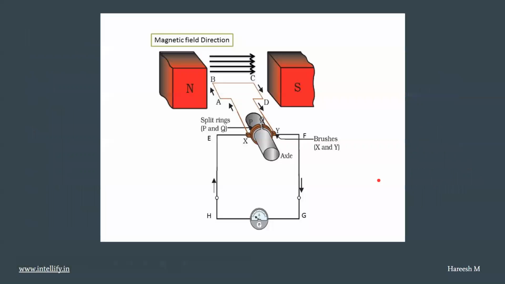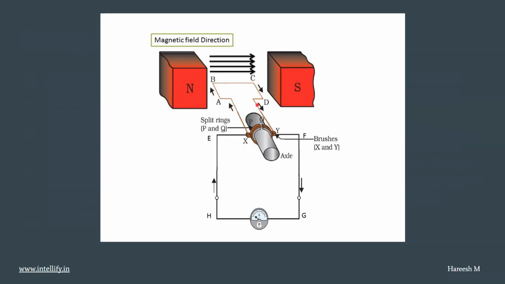If you notice in this diagram, at first P is with X and Q is with Y. As current passes through it and due to the magnetic field, AB will experience a force, and it will try to rotate like this. Once it is half rotated, Y will be in contact with P and Q will be in contact with X. In that case, the direction of the current is reversed.